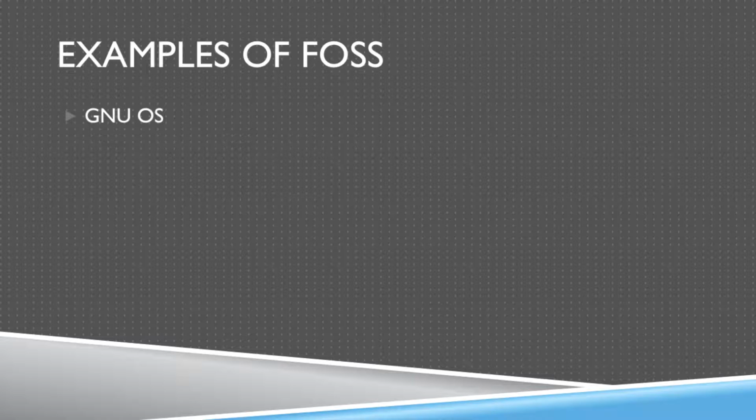So some examples of FOSS include the GNU operating system, which was launched in 1983 by Richard Stallman, and this actually uses the Linux kernel, which is just the program in the system that allocates the machine's resources to other programs that you run, and it's an essential part of this operating system.